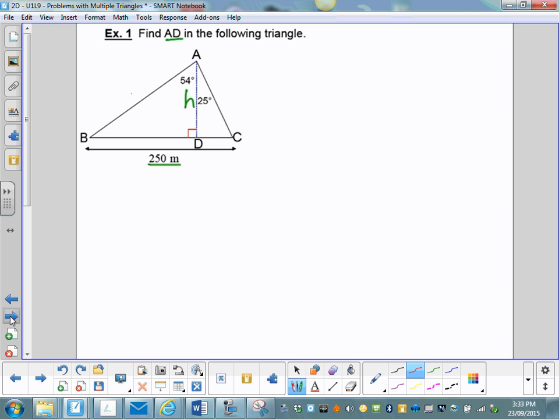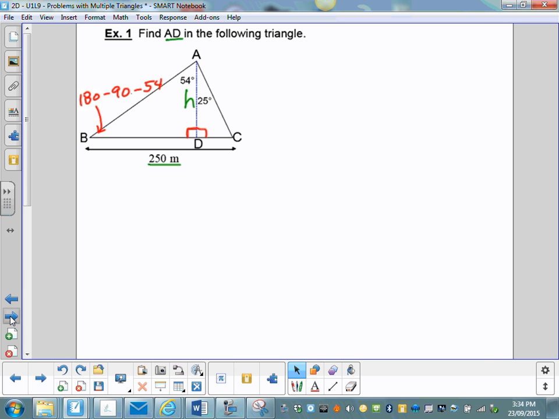So we know that this angle here is a right angle over on this side of D. We can also find angle B, because we know that angle B is in triangle ABD, that right angle triangle. So angle B is equal to 180 minus this 90-degree angle and minus the 54-degree angle that's at the top.